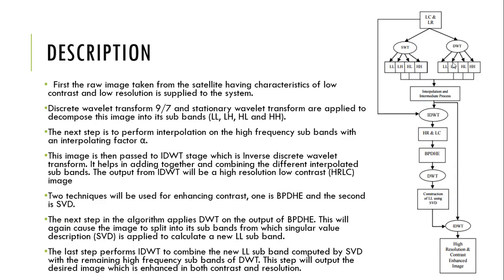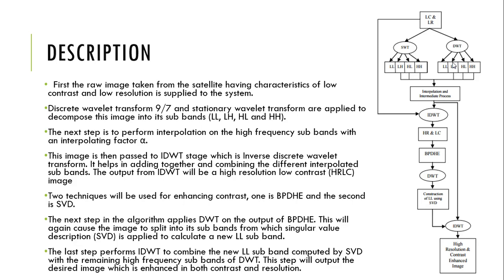Now I'll be combining all the terminology that I've talked about and tell you how it works on the flowchart of my project. First of all, a low contrast and low resolution image is given as the input to the system. Then it is decomposed using SWT and DWT, and we take the high frequency subbands, which are LH, HL and HH, and we interpolate them using Lanczos interpolation with an interpolating factor alpha.